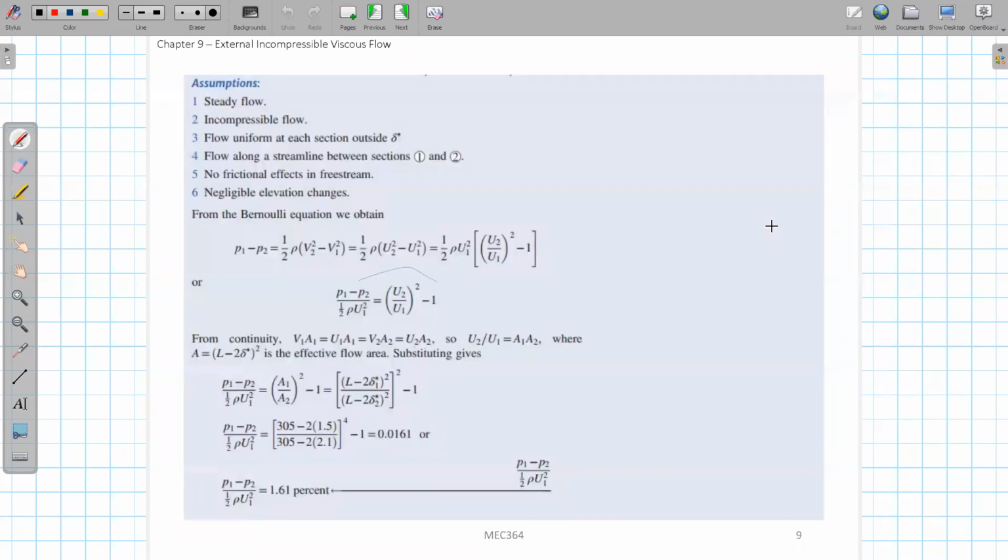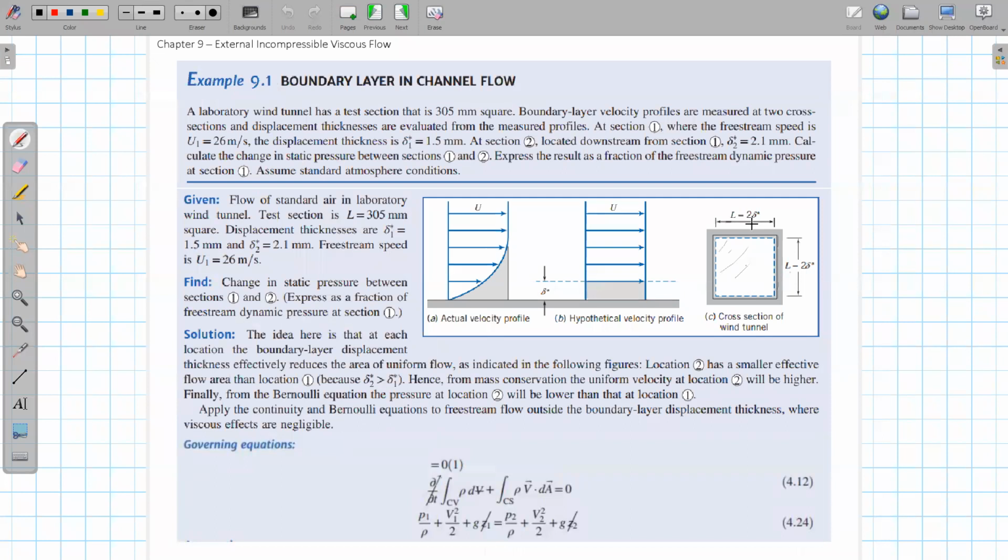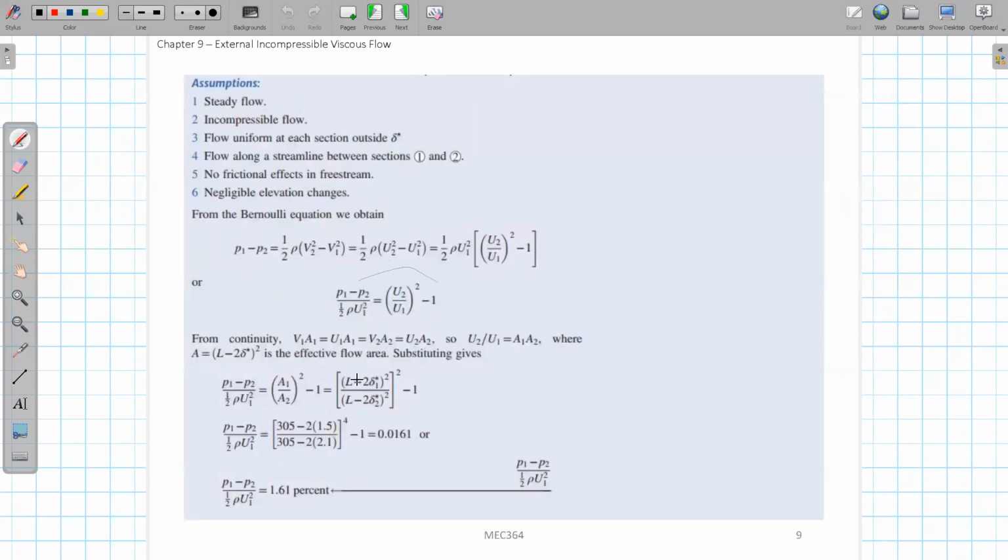So A1 can be calculated as (L minus 2 delta 1 star) squared, and A2 can be calculated as (L minus 2 delta 2 star) squared. With this equation, we can calculate U2 from U1 because we know delta 2 star, just using this ratio.